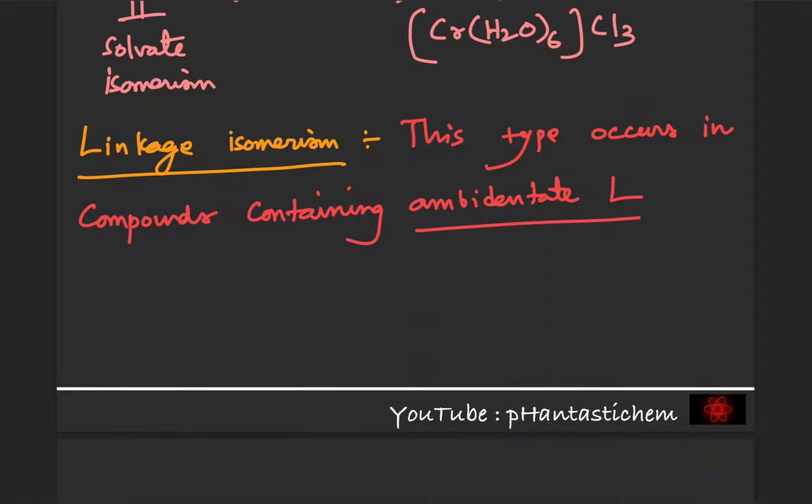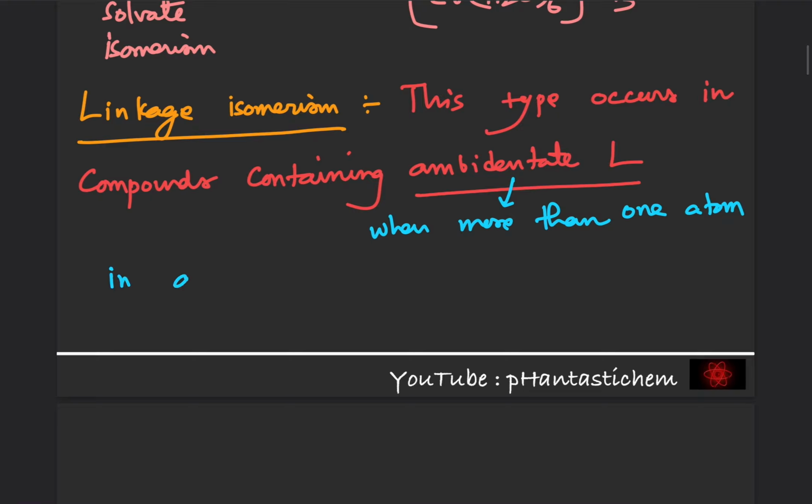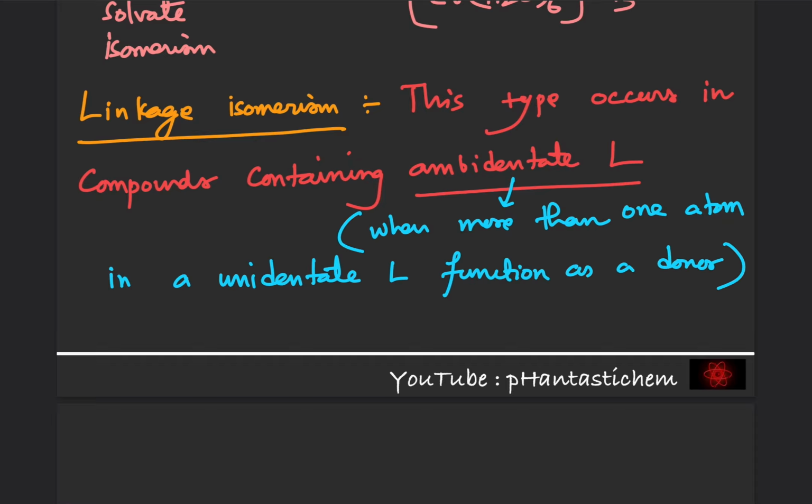When more than one atom in a unidentate ligand functions as a donor, then that ligand is known as an ambidentate ligand.